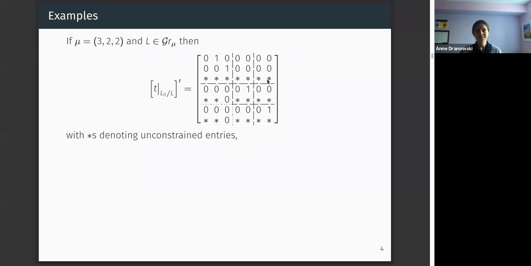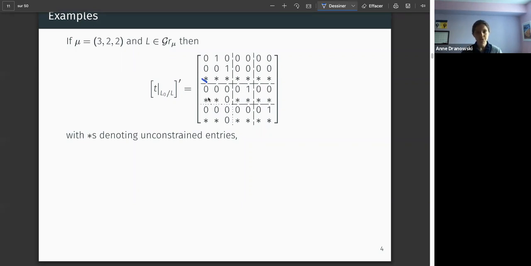So let's get a visual on this set. If mu is the weight 3, 2, 2, for example, again, without really knowing what Gr sub mu is, let me ask you to take it on faith that if I take a lattice in Gr sub mu, then the matrix of T on the quotient of the standard lattice by this element will take this general form.